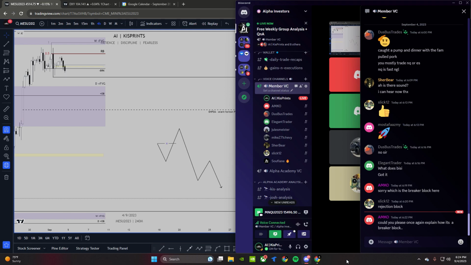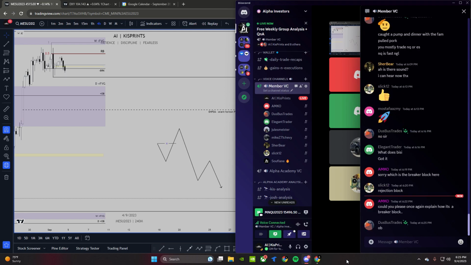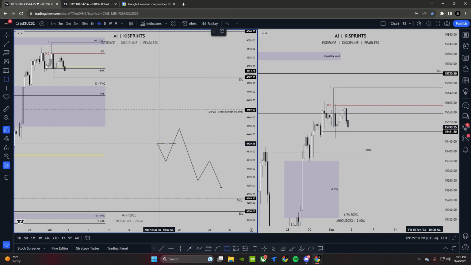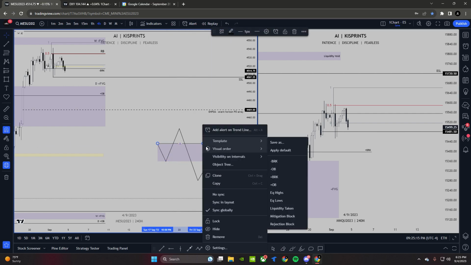Does anybody know the PD array? Starts with an O. Order block. Perfect. Yeah, so order block, this would be our theoretical order block here, right?